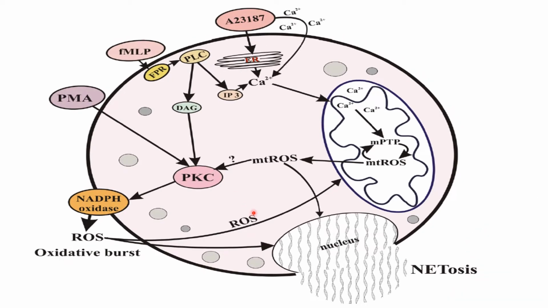Another point is that the mitochondrial reactive oxygen species pathway that activates NADPH oxidase is often referred to as the second mechanism, that is NADPH oxidase independent NETosis, but it's better to call it mitochondrial dependent NETosis.